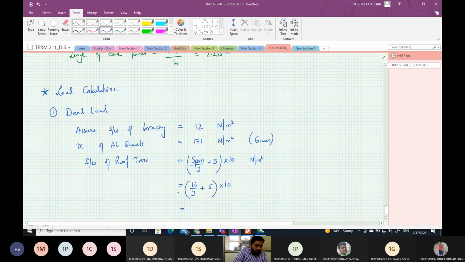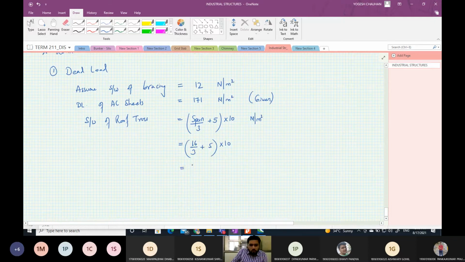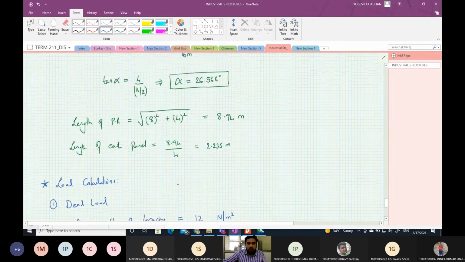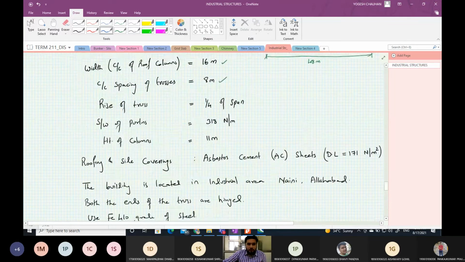This will be 103.33. Next, self-weight of the purlin, which is again given in the data.